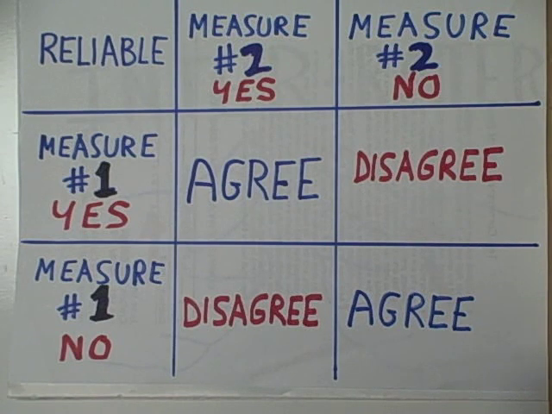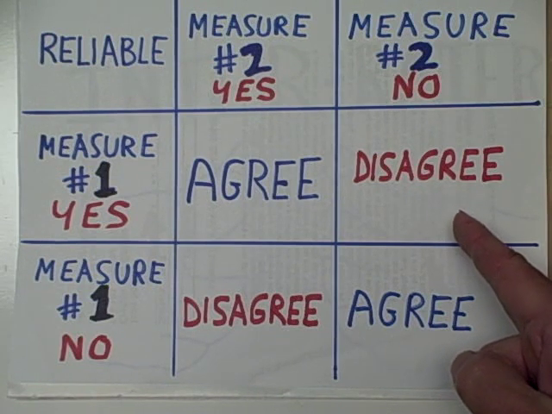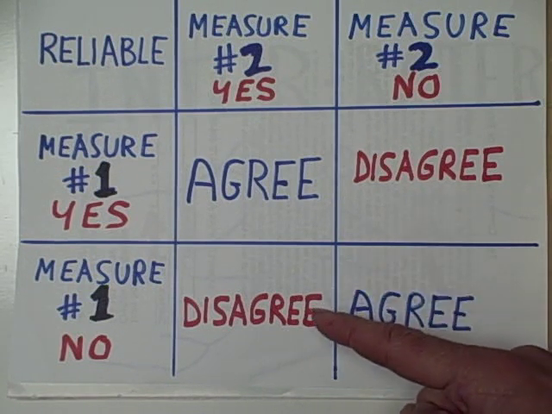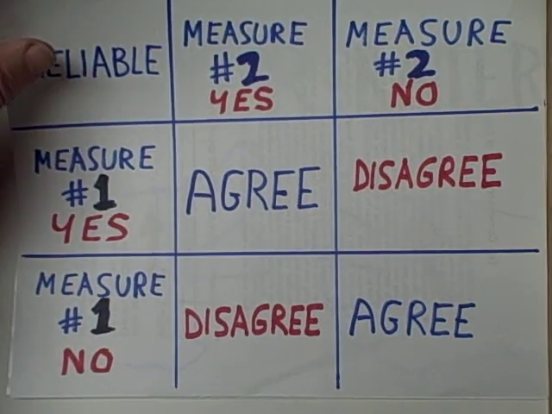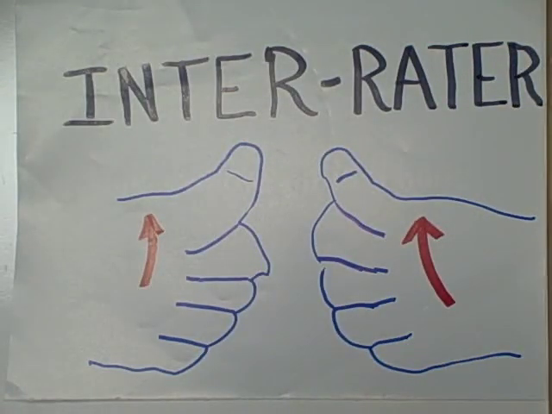Or if they both agree the patient does not have the disorder, we would place the patient here. As long as the psychiatrist and the psychologist agree with each other, we have inter-rater reliability. We would put the patients here or here if there is some disagreement, where one mental health professional says the patient has the disorder and the other says the patient does not have the disorder.